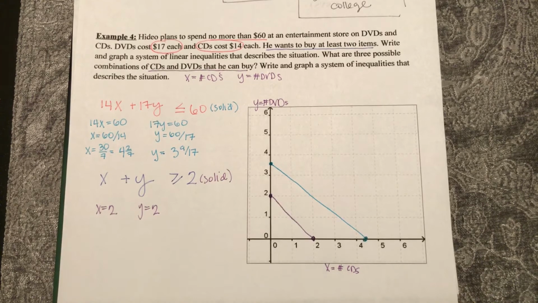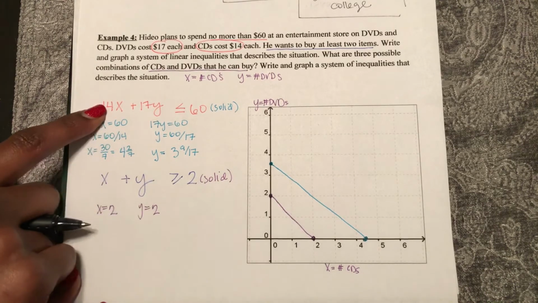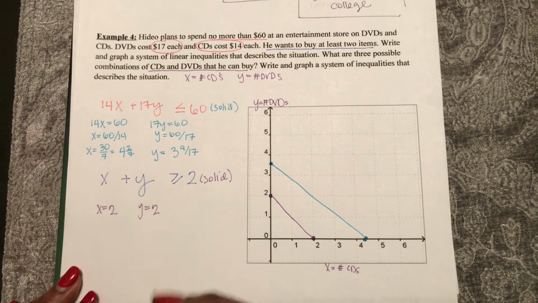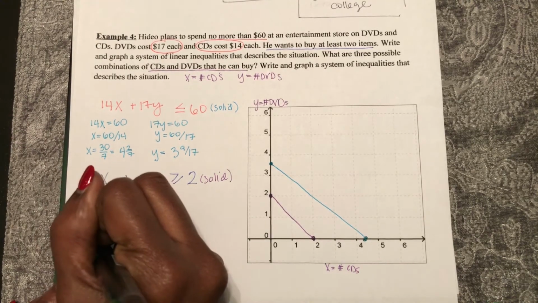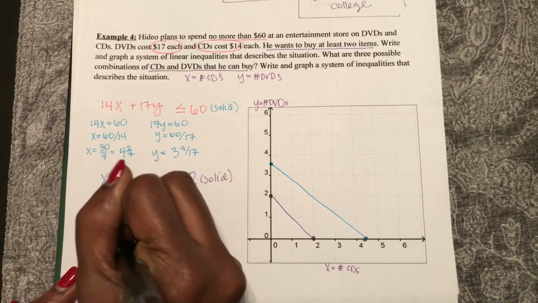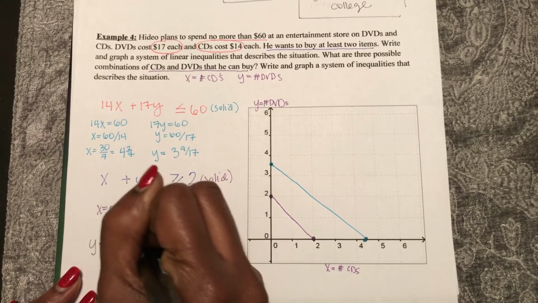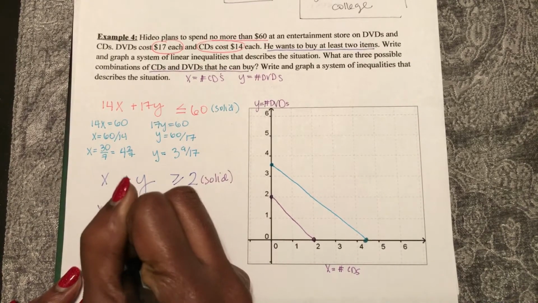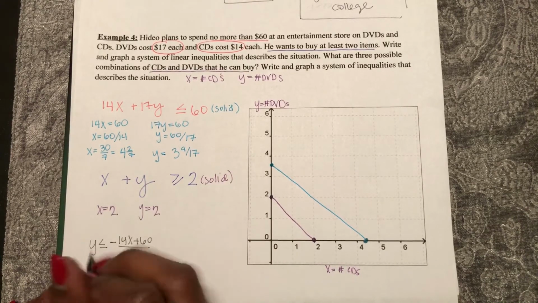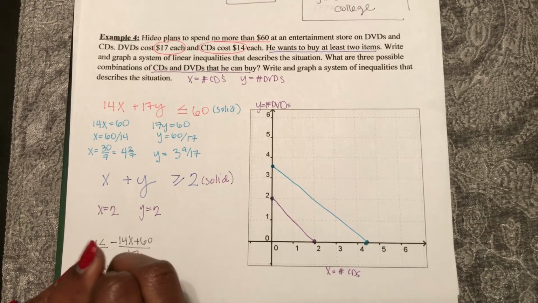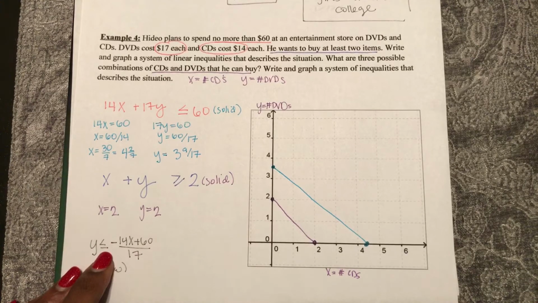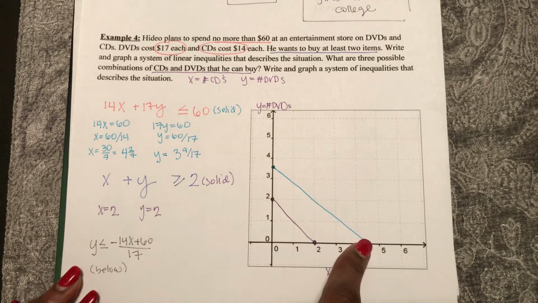So that's where I'm going to solve for y. So my top equation, if I solve that for y, it becomes y is less than or equal to negative 14x plus 60 over 17. So that means I want to shade below this line.